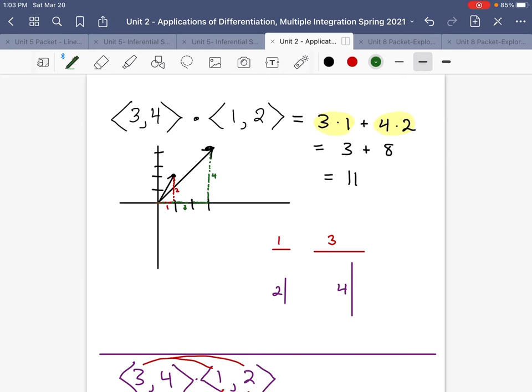So it's really the 1 times the 3 plus, I had a loss as to where to put the plus here. You know what I'll do? Just smidge this down a little bit and put a big old plus right smack dab in the middle. And then the 2 times the 4.